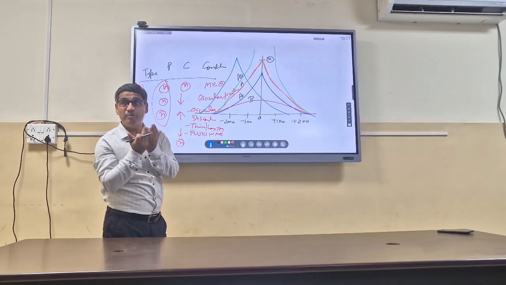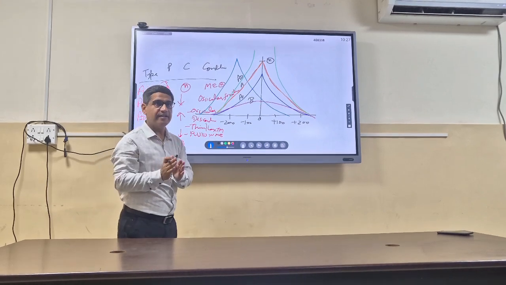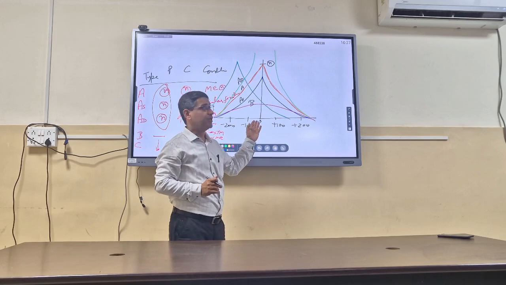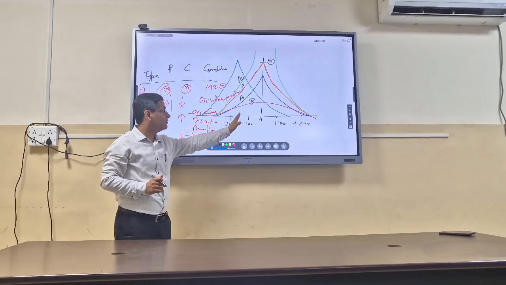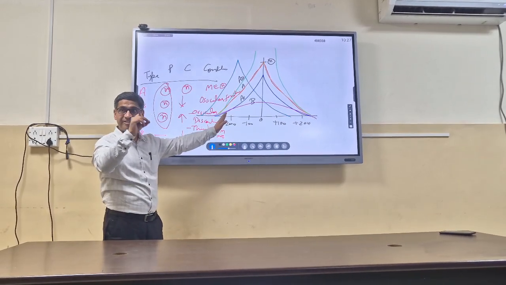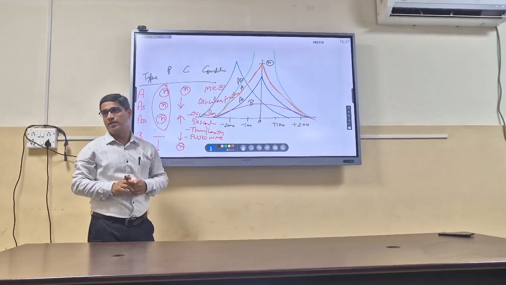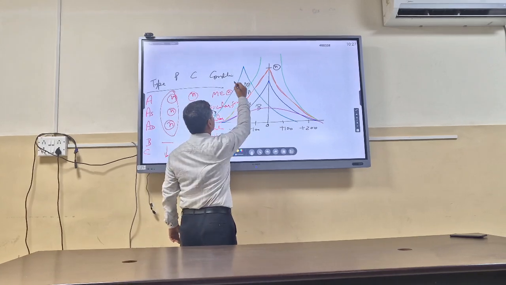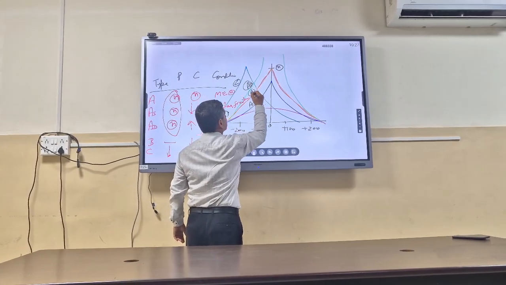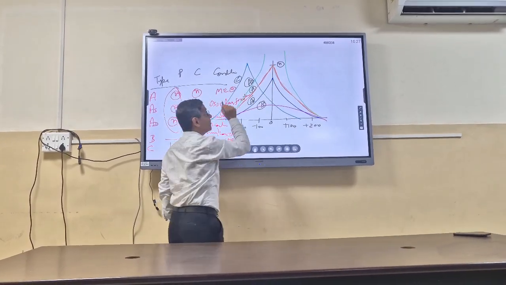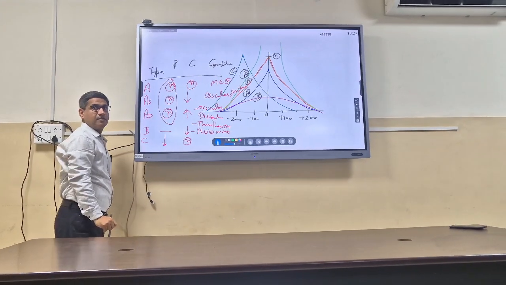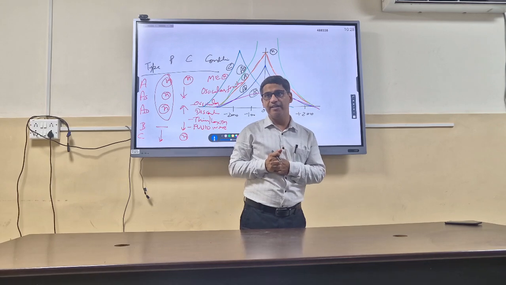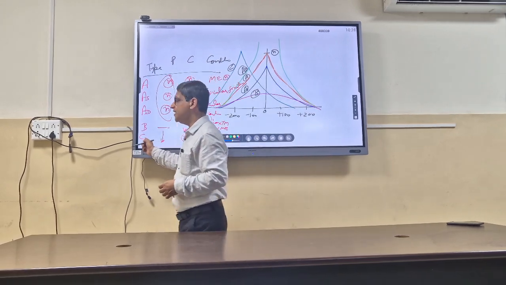We are not able to get the normal compliance at ambient air pressure, but when the pressure in the air pump is decreased, then the compliance becomes normal. The reason is that the eustachian tube is not functioning properly. That is why, for normal compliance, there is a negative middle ear pressure. So this is called type C graph.